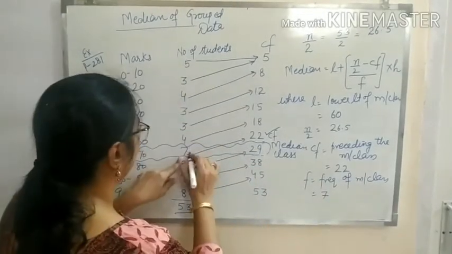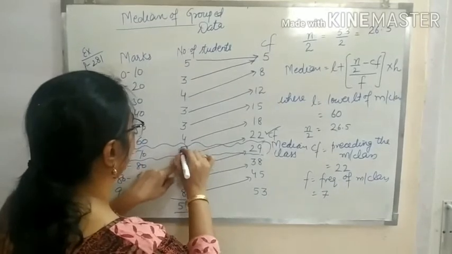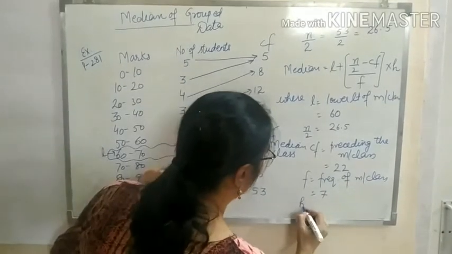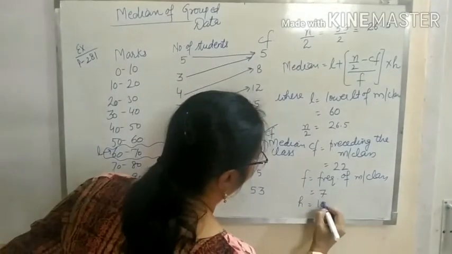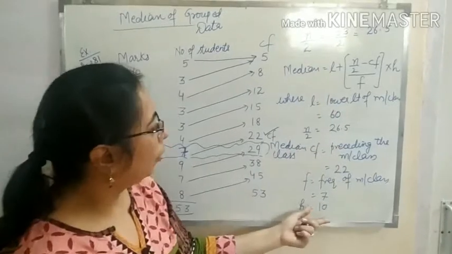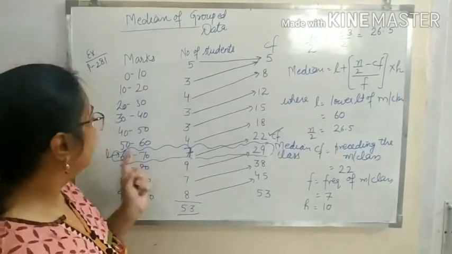And h is again the class size, which is uniform here, which is 10.